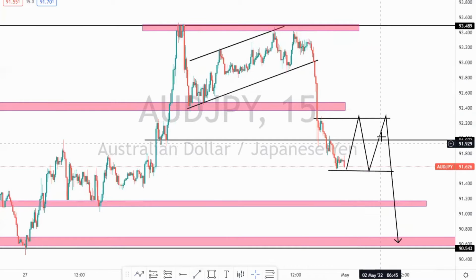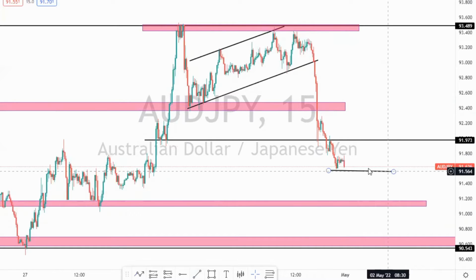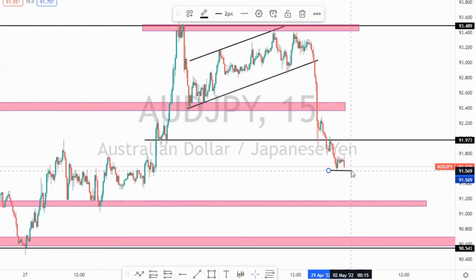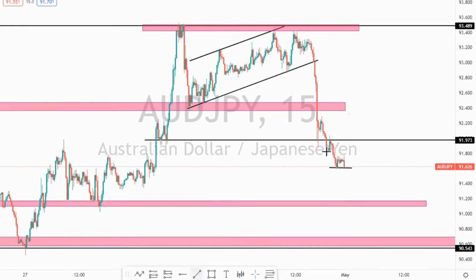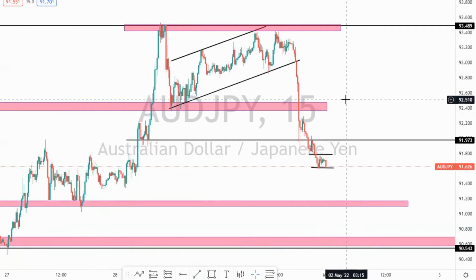But with that being said, for AUDJPY, I'll be looking for selling opportunities because currently right now I'm seeing a flat flag. And it is still valid, right? So we are going to trade what we see, not what we think.